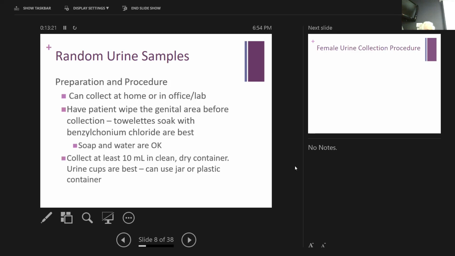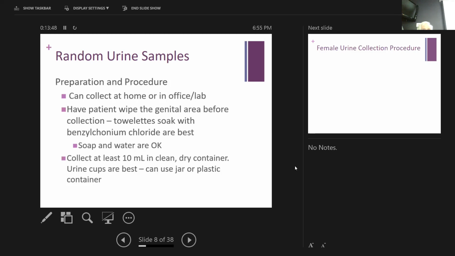Ideally, the patient should use at least a wet towel or wet paper towel or cleaner to wipe the genital area. Baby wipes, I don't recommend those, especially on genitals, because genital tissue is real sensitive and baby wipes have alcohol in them. But we wipe our babies with them.